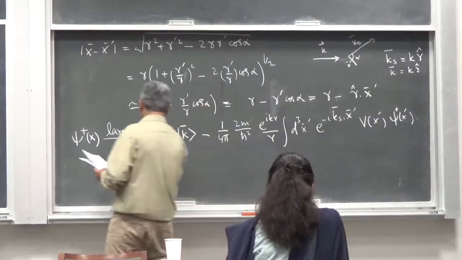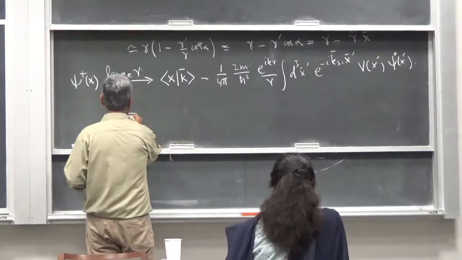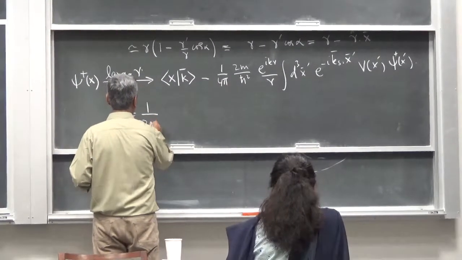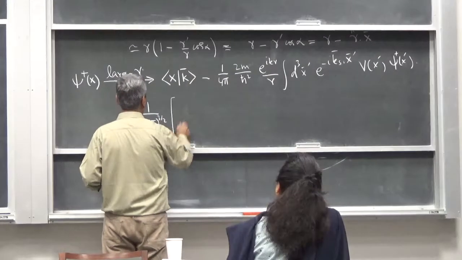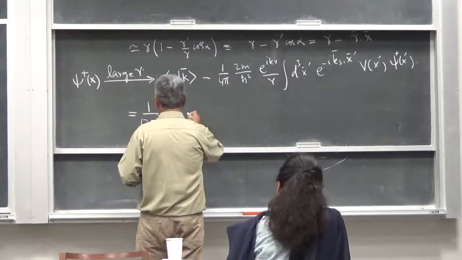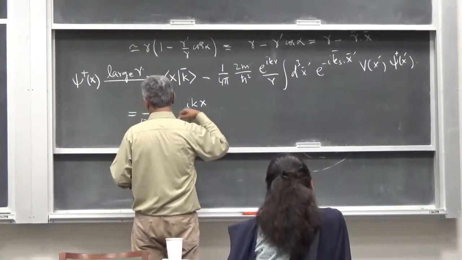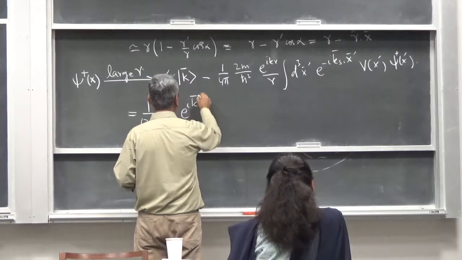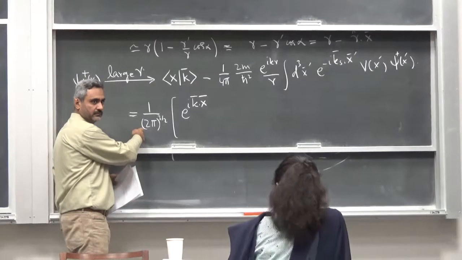And this whole thing is equal to, so now I'm going to bring out this factor of 2 pi to the 3 halves. This thing is e to the i k dot x, and this factor comes out.